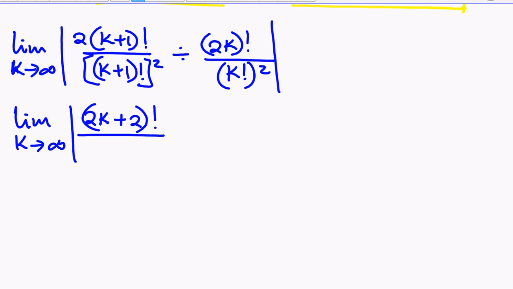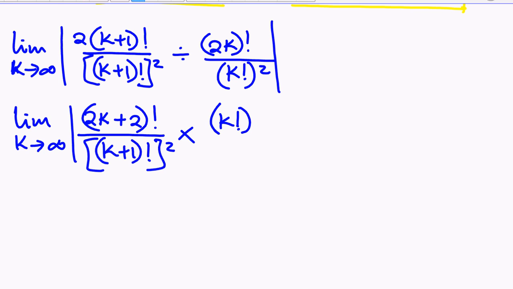over, I'll expand this. Actually, I can just leave it like that before I simplify it. So k plus 1 factorial squared, multiplied by, take the reciprocal, k factorial squared over 2k factorial.